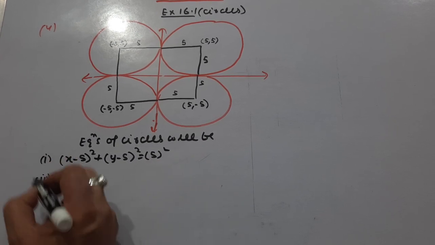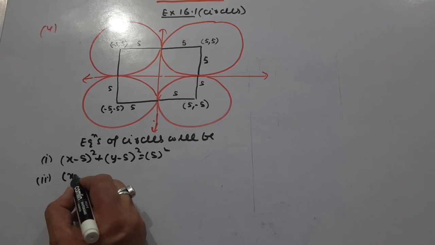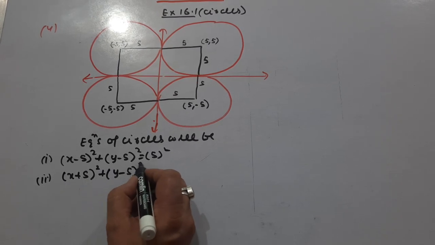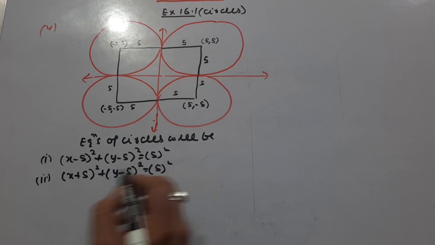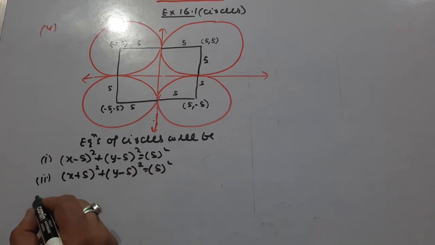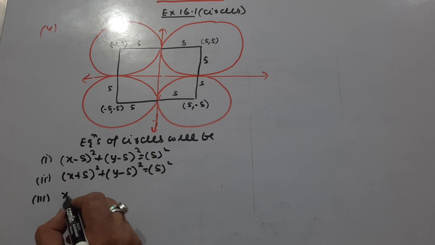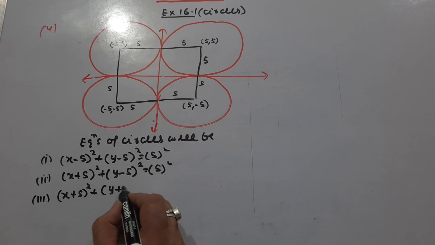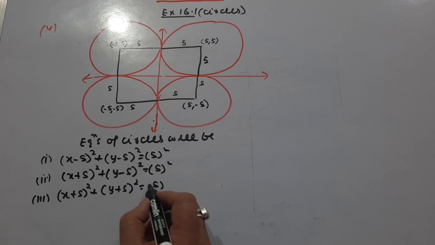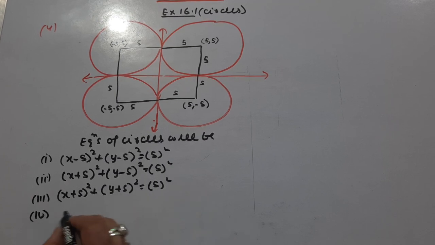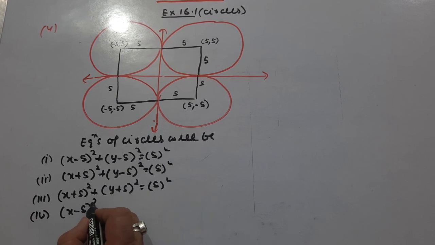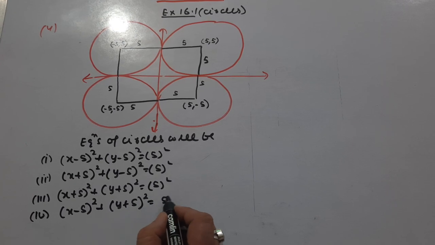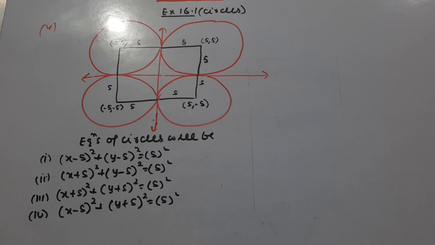Second will be (x plus 5) whole square plus (y minus 5) whole square equal to 5 square. Then third will be (x plus 5) whole square plus (y plus 5) whole square equal to 5 square. And number 4 will be (x minus 5) whole square plus (y plus 5) whole square equal to 5 square. So these are the 4 equations.